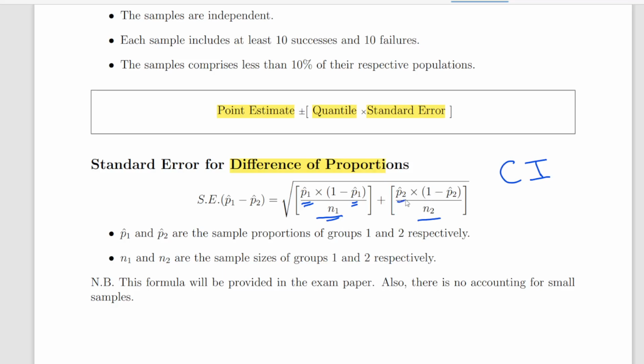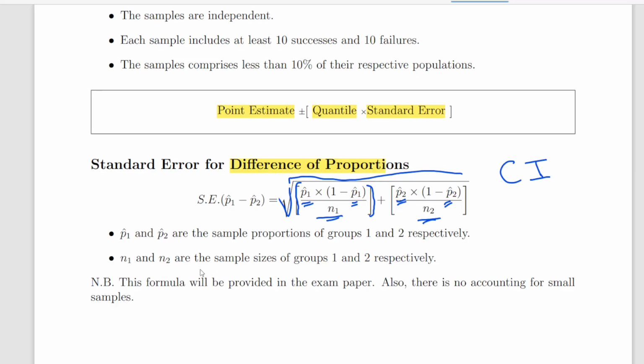And likewise, the sample proportion for the second group times the complement of that divided by the sample size of the second group. What we do is calculate both of these expressions, add them together, and then get the square root. p hat 1 and p hat 2 are the sample proportions of group 1 and group 2 respectively, and n1 and n2 are the sample sizes of groups 1 and 2 respectively.